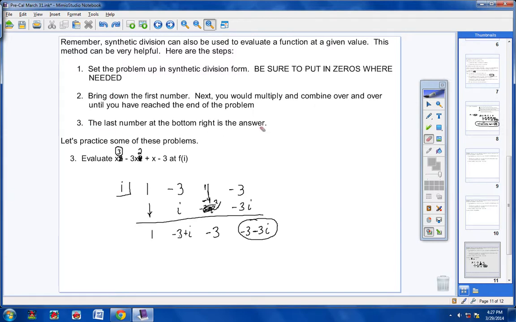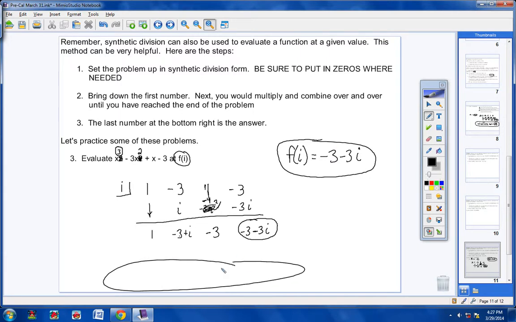Step number 3 says the last number is the answer. So what we have is this. When you substitute i into this function right here, you get this out right here. So you could say f of i equals negative 3 minus 3i. There we go. That's how you'd want to write your answer. And again, sorry about the confusion down here.